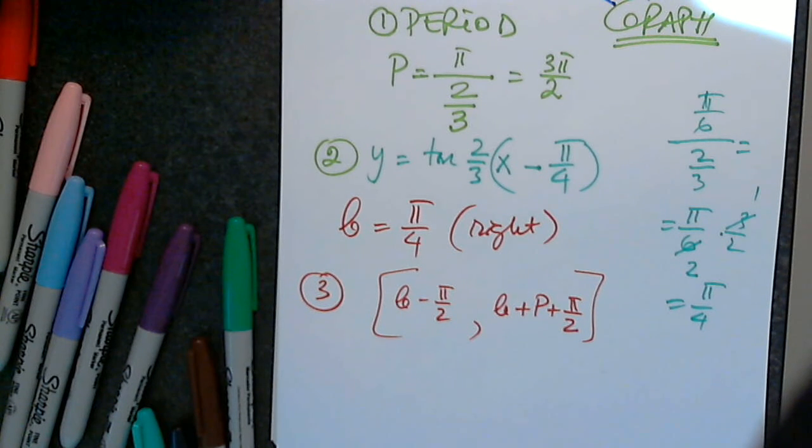But now the negative side, I want exactly b minus pi over 2. So I do want negative pi over 4. How far do I want to go to the left? I want 3 pi over 4 to the left. So it's negative 3 pi over 4.